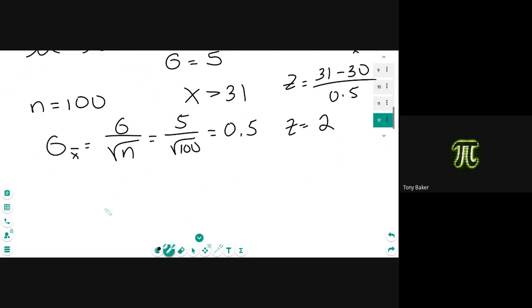So we're looking for greater than that, right? So we're looking for that section over there, correct? All right, so if z is 2, what's my value for that? 0.9773.